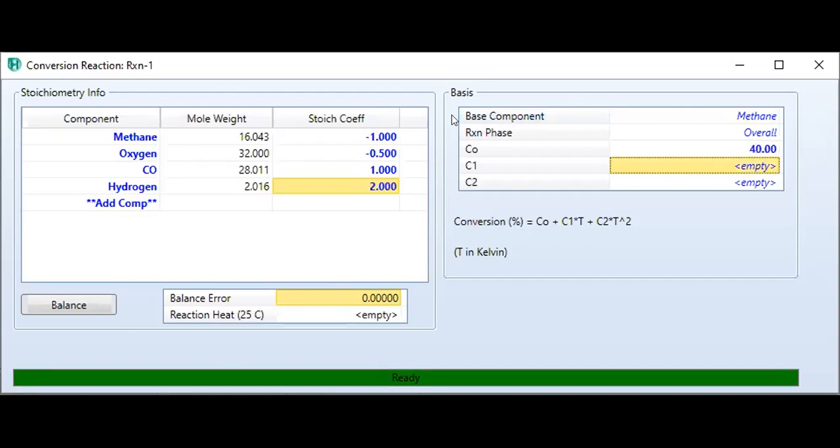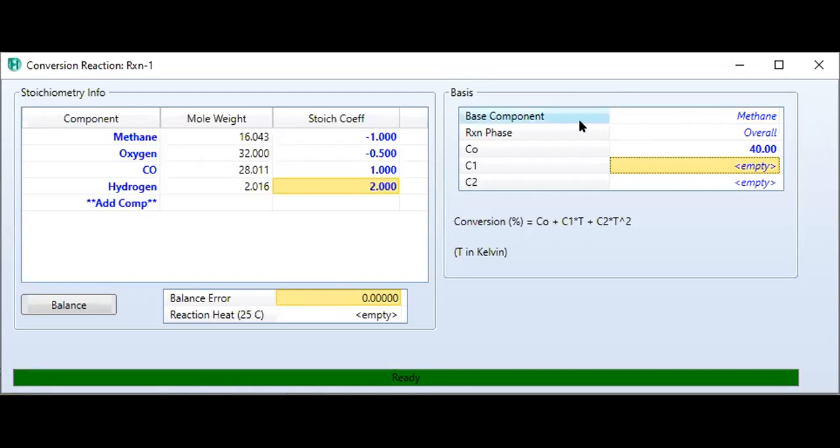There is a base component in our reaction. Methane is reacting with oxygen and generating CO2, CO and hydrogen. So my base component is methane. In reaction terminology, you can say that my limiting reagent is methane.